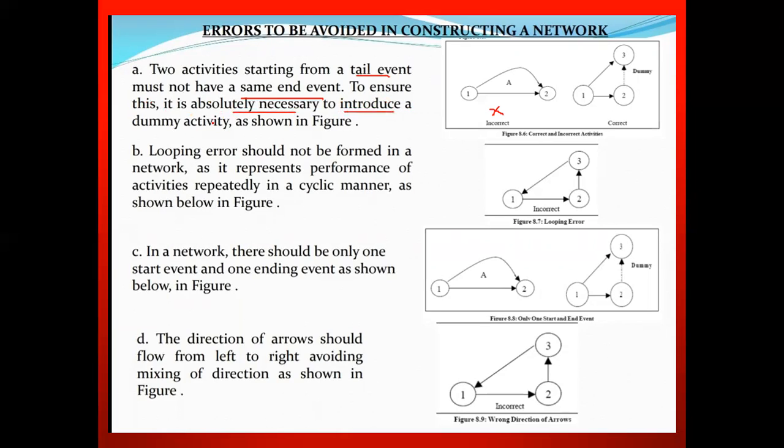To ensure this, it is absolutely necessary to introduce a dummy activity. ఎప్పుడు ఏం చేయాలి, అలాంటి పరిస్థితి క్వశ్చన్లో వచ్చిందనుకోండి, whenever you are seeing the table, if the question comes like that, then we have to use a dummy activity. Then what is the dummy activity? చూడండి, 1 దగ్గర నుంచి 2కి వెళ్ళడానికి ఒక యారో పెట్టాం, బట్ సెకండ్ యారో కూడా కావాలి అనుకోండి లాజికల్గా, then what you are doing, 1 2 3. సో ఈ 2ని తీసుకెళ్ళి 3కి నెక్స్ట్ ఈ ఈవెంట్ లాగా పెట్టండి. 1 to 3 కనెక్షన్ ఉంది, 1 to 2 కనెక్షన్ ఉంది, 2 to 3 కనెక్షన్ ఉంది.